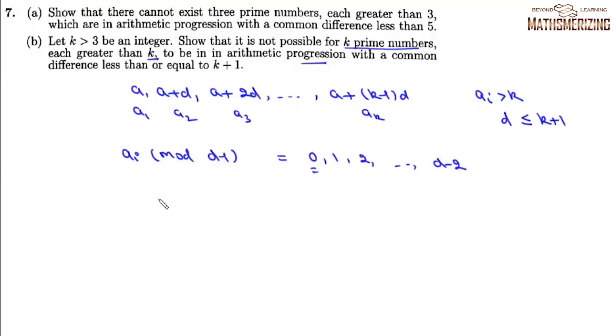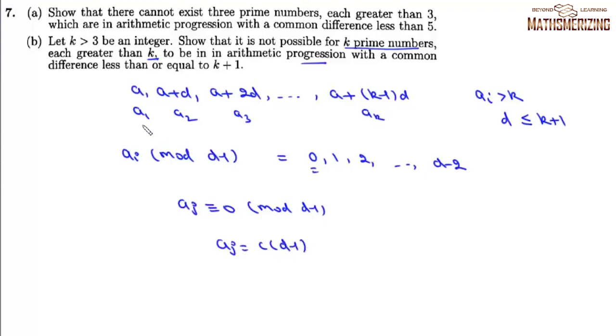So there must be at least one number j such that aj is congruent to 0 modulo d minus 1. That is, aj is some c into d minus 1.